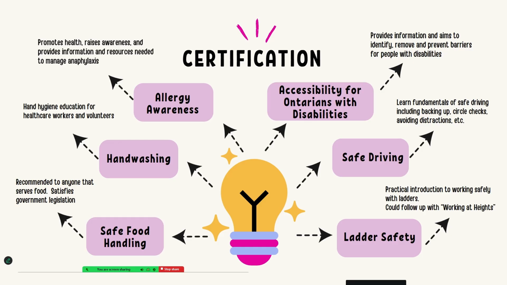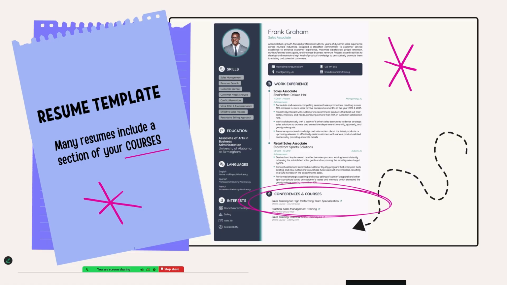They are so valuable, even though sometimes you think, oh my goodness, it's just another one, but they can be used on your resume. If you took any kind of training course, you can include it as a section of your resume, courses and training or conferences and courses.